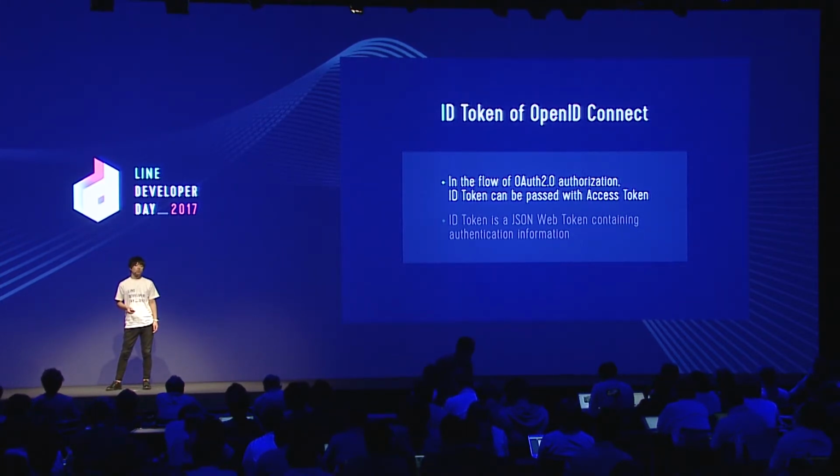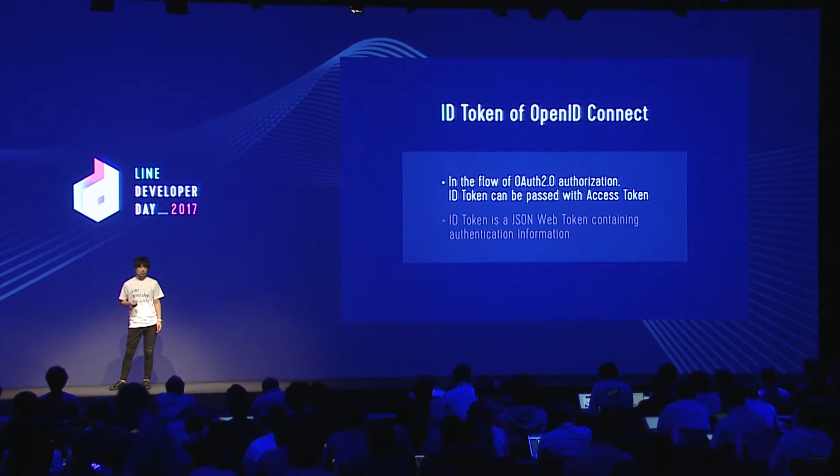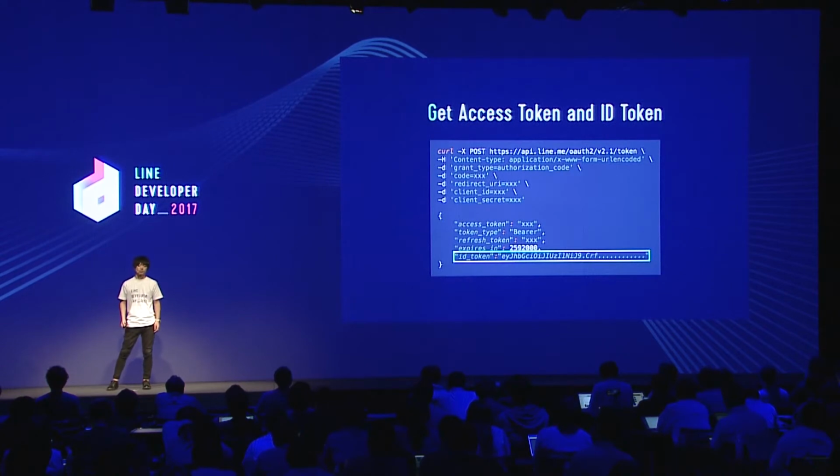So what do I mean by the standardization of authentication? With regards to OpenID Connect, you have the ID token. And if you use OpenID Connect, at the time of capturing the access token, you can capture the ID token as well. For example, this is a curl request that you can use to fetch an access token.